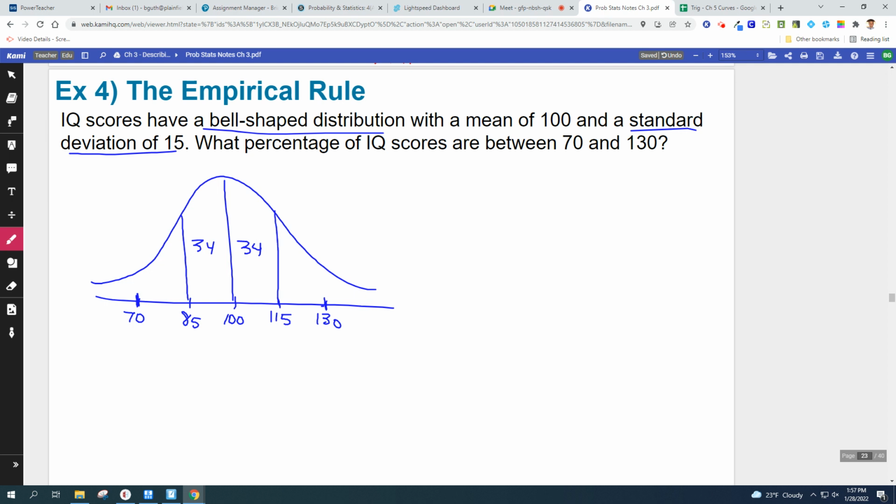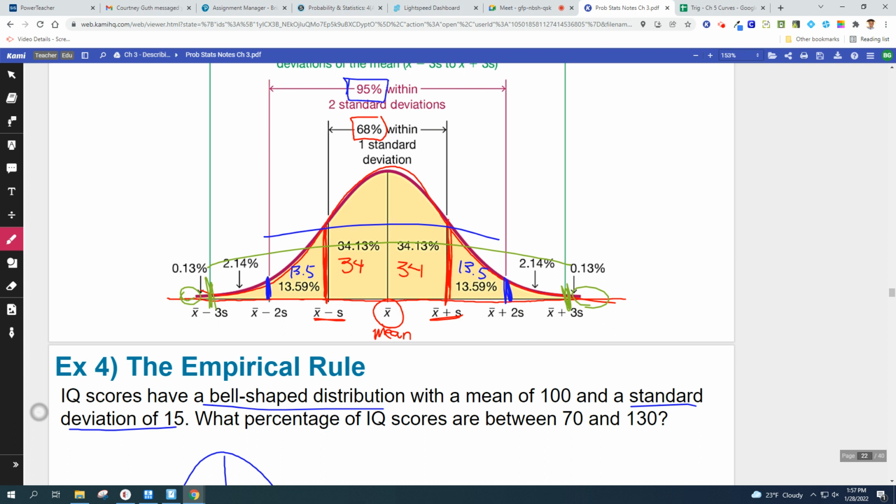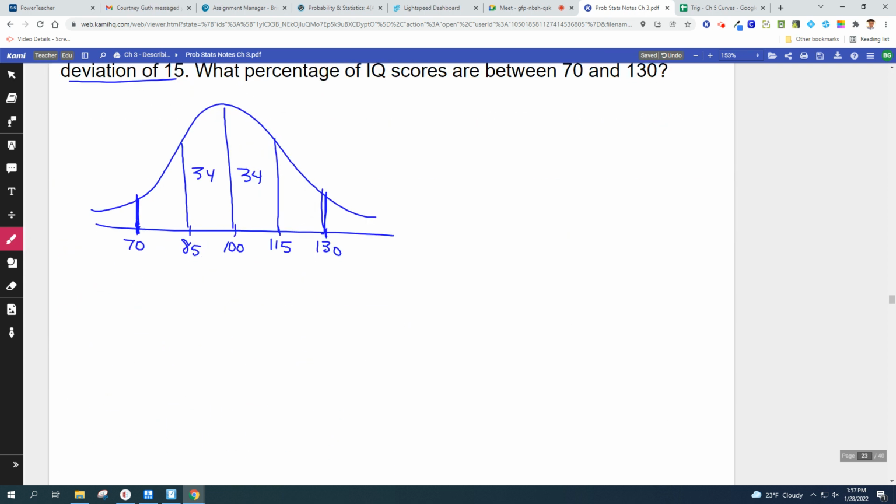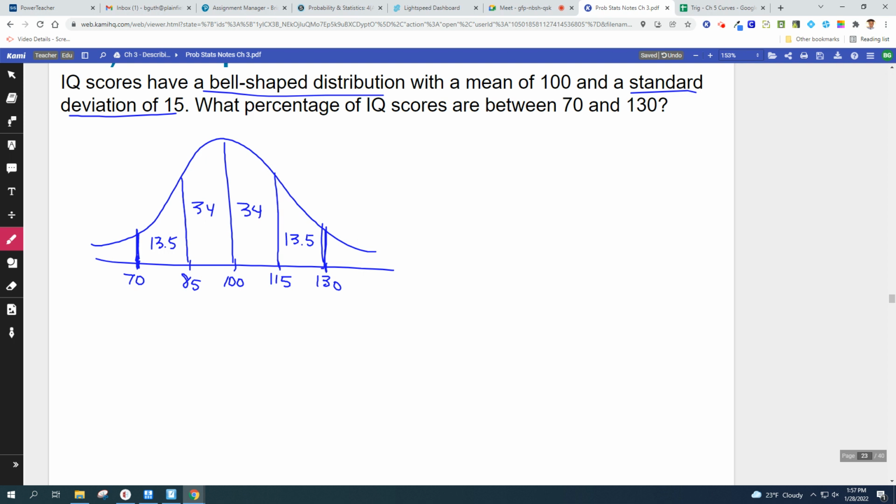So if you look back at those percentages on the empirical rule, about 13.5% of the numbers are here, and about 13.5% of the numbers are right there. So the question, what percentage of IQ scores are between 70 and 130?